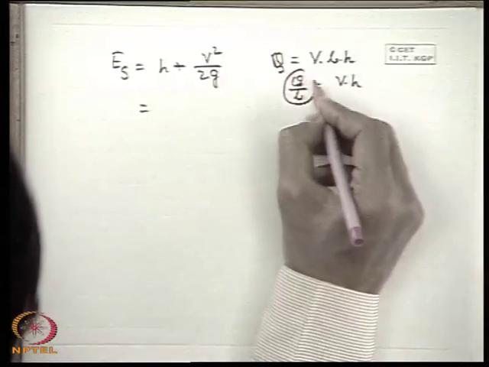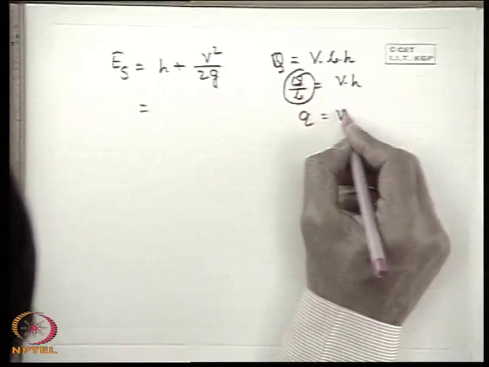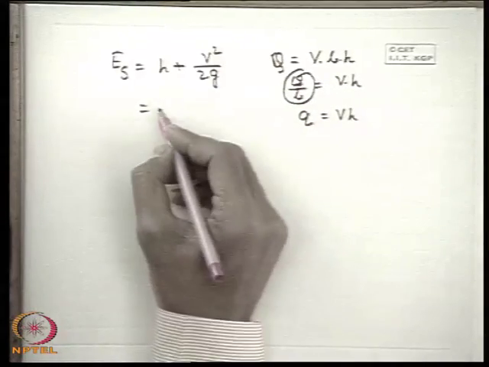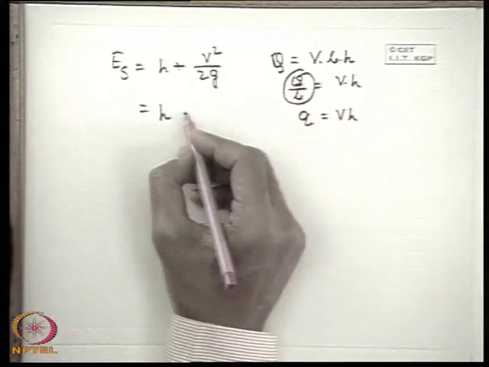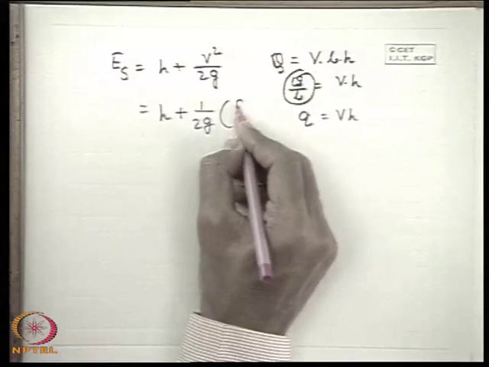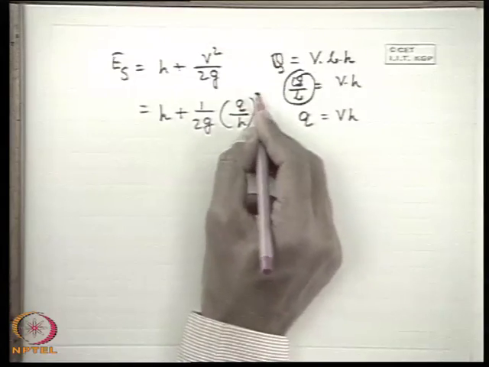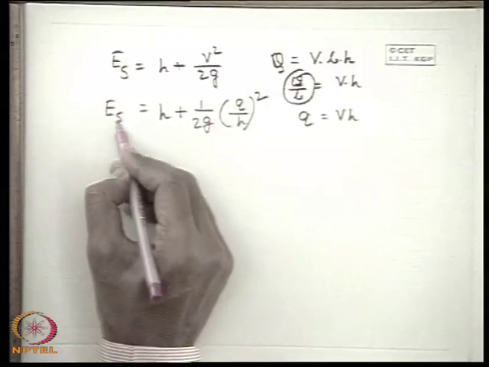If we represent Q by B as small q, that is the flow rate per unit width, then q is equal to V into H. So if you replace V in terms of q by H, then we can write plus 1 by 2G into q by H whole square, since V square is q by H whole square. So ES can be written as H plus q square by 2G H square.